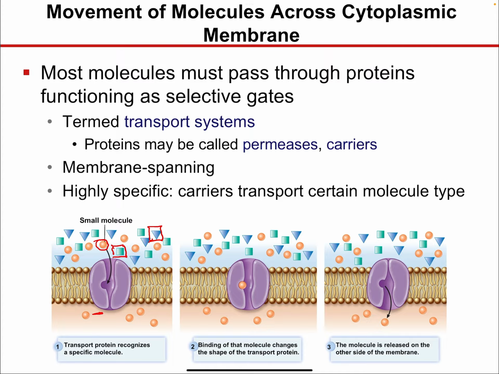These transporters, what do we call them? We call them permeases. We also call them protein carriers or transporters simply. Okay? These transporters are going to be specific to what they are going to bring in.